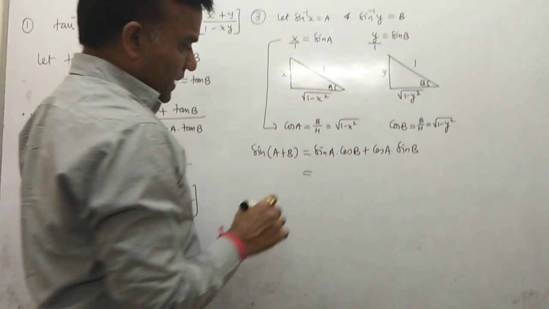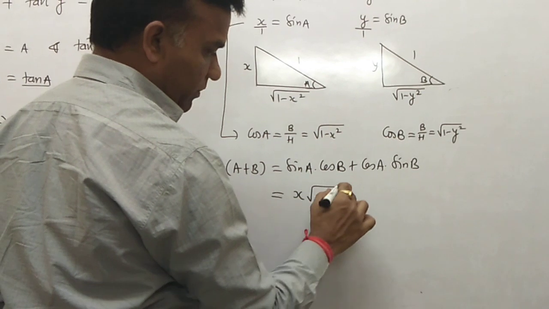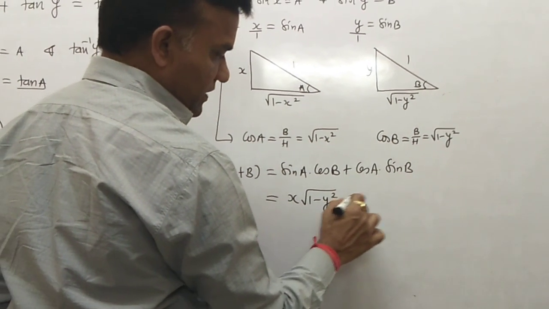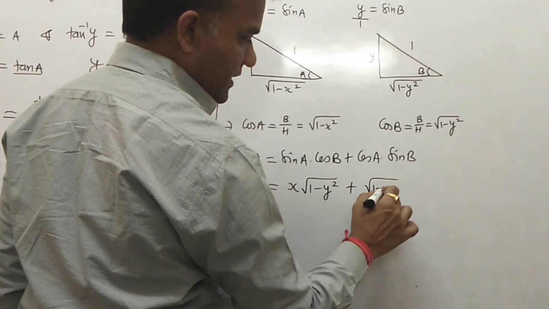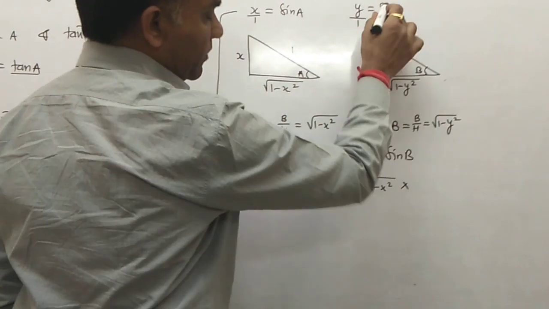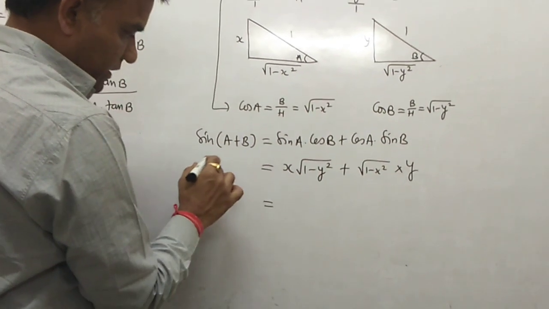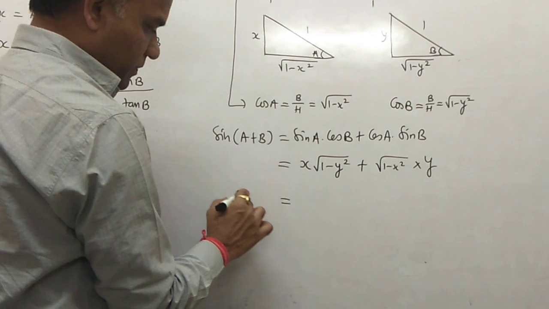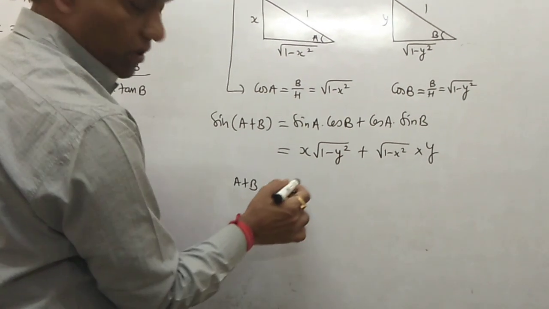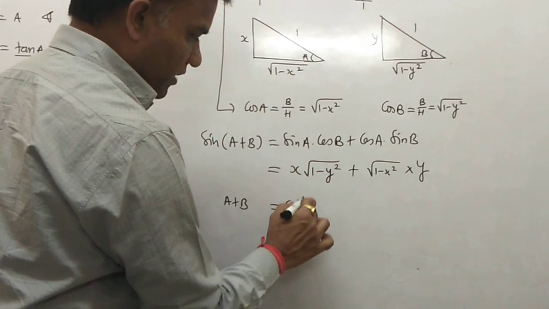So put the value of sine a, that is x, and cos b is under root of 1 minus y square. Similarly cos a is also known, under root of 1 minus x square, and sine b is y. So now we conclude this sine of a plus b. Basically you write down a plus b here, and then this sine changes on the right hand side, and you write sine inverse of the whole value.